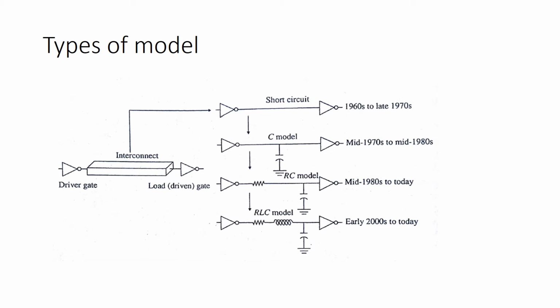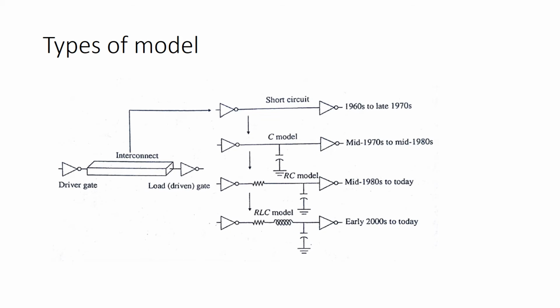That coupling gives the inductance. The wires are so long that we cannot ignore the inductive effect. Because of this inductance, it will create oscillation, ringing in the voltage, or overshoots and undershoots. That is why the modeling changed over a period of time.